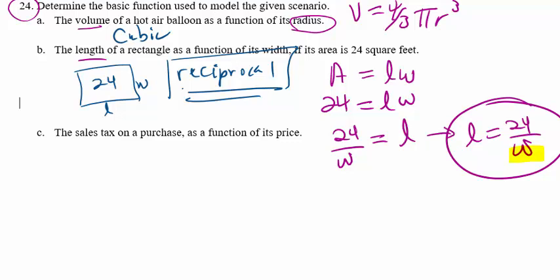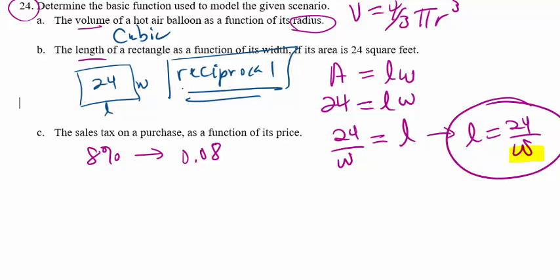And then one other: the sales tax on a purchase as a function of its price. If the sales tax is 8%, it's a rate, and we could write it as 0.08. No matter what, as my purchase price increases by $1, the sales tax I pay increases by 8 cents on the dollar.